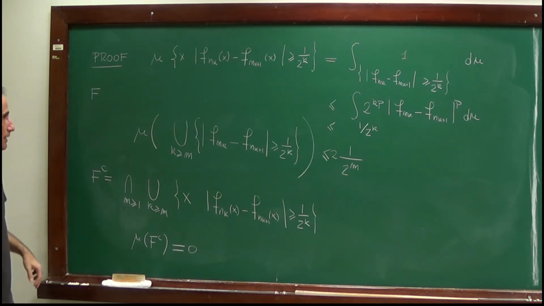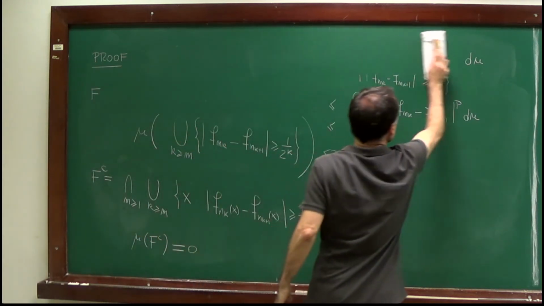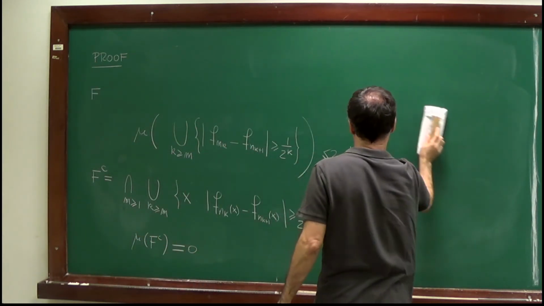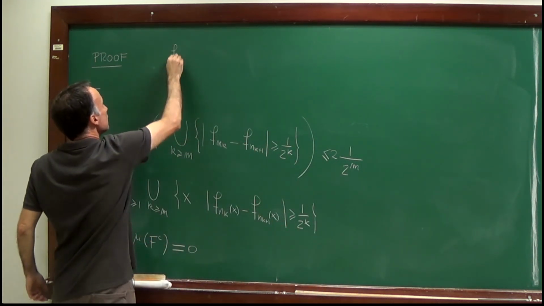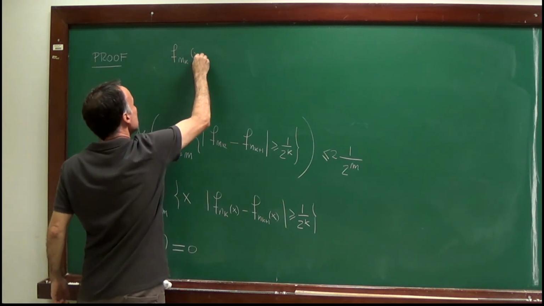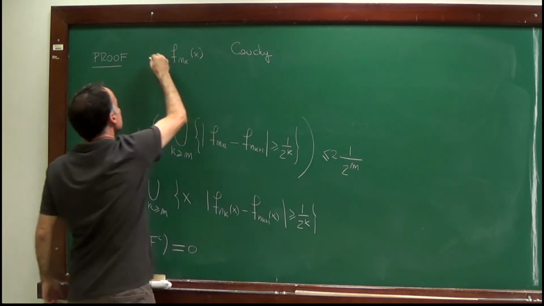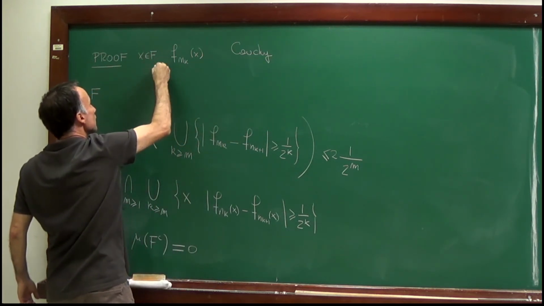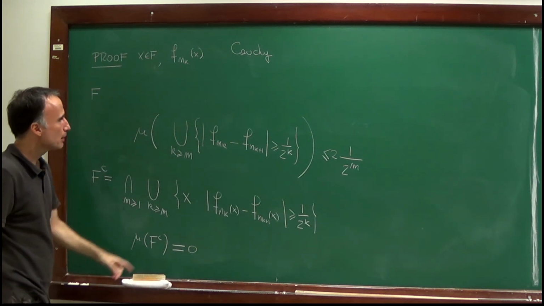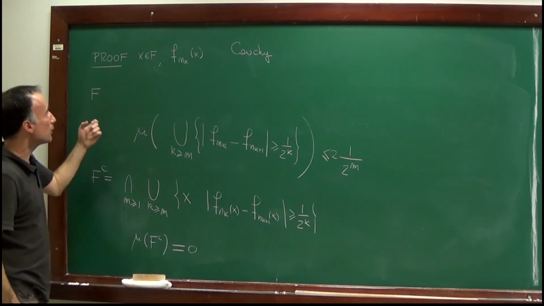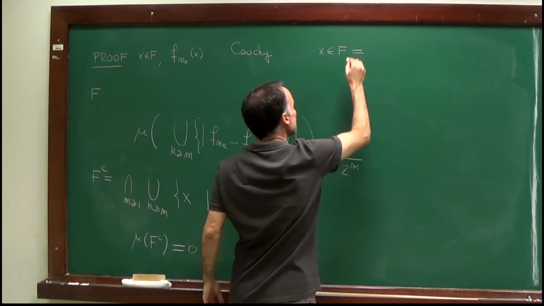Now what I claim is that the sequence f_{n_k}(x) is Cauchy. So if I take any x in F, what I claim is that this sequence, which is a sequence of real numbers, is Cauchy. And well, let's take a point x in F. But what is the set F?